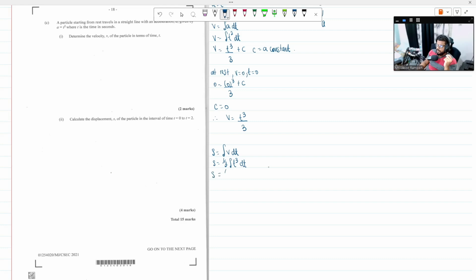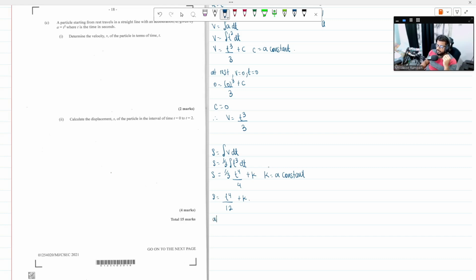S is equal to a third t to the power 4 over 4 plus k, where k is a constant. This is a third multiplied by a quarter, which is 1/12. So I can put it now as t to the power 4 over 12 plus k.